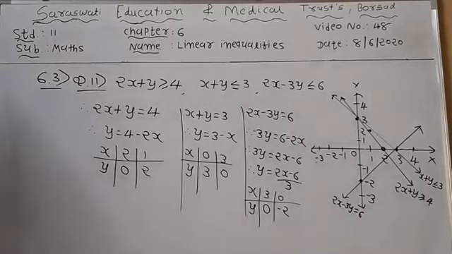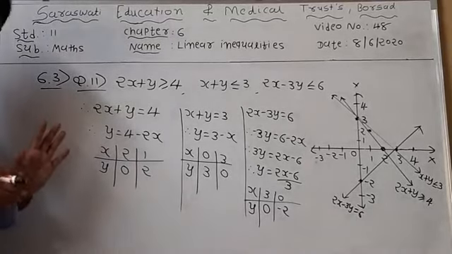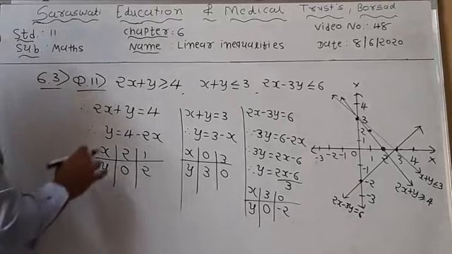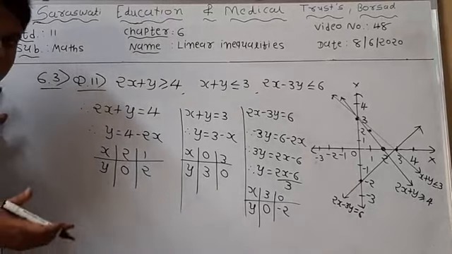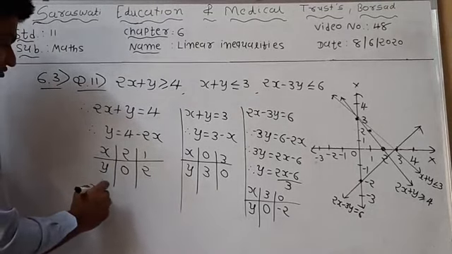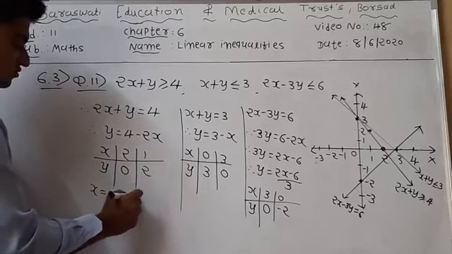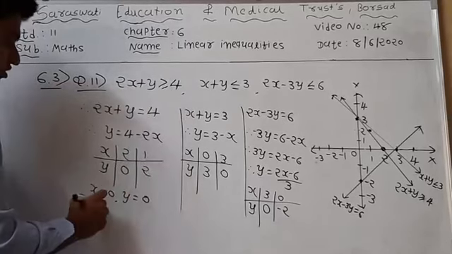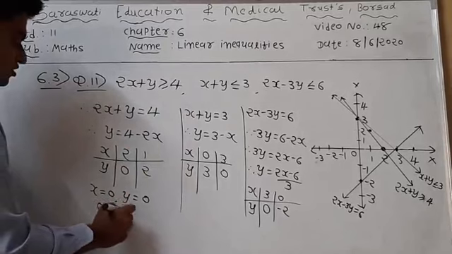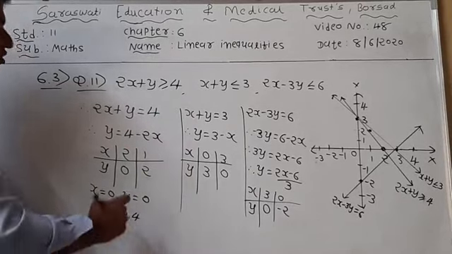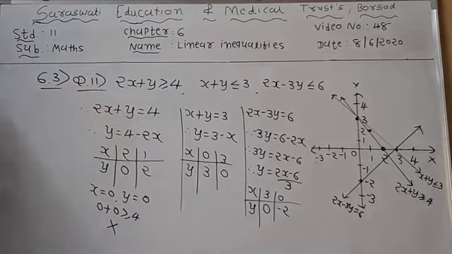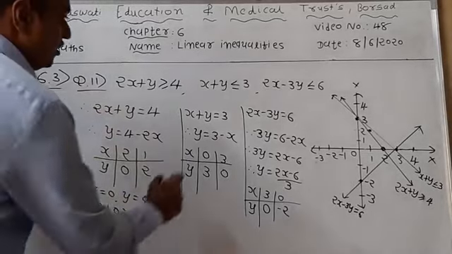Now which part is our shaded part, which portion is our common portion? Apply the same method here. x is equal to 0, y is equal to 0. Substitute in this equation: 0 plus 0 greater than or equal to 4. So in the first equation a wrong condition is present.